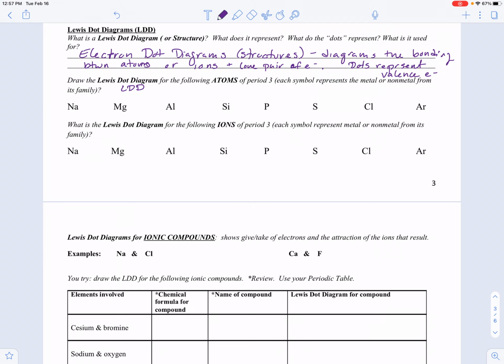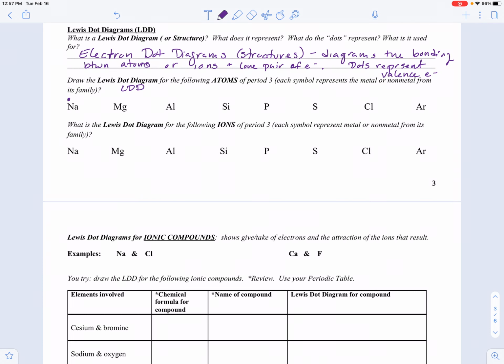So the first thing we'll do is draw the Lewis dot diagrams for our atoms, and we'll go across period 3. If we look at sodium, sodium is in family 1. So sodium has 1 valence electron, and typically there is a pattern to how we draw them. The first valence electron will go above sodium, upper left at the top of sodium.